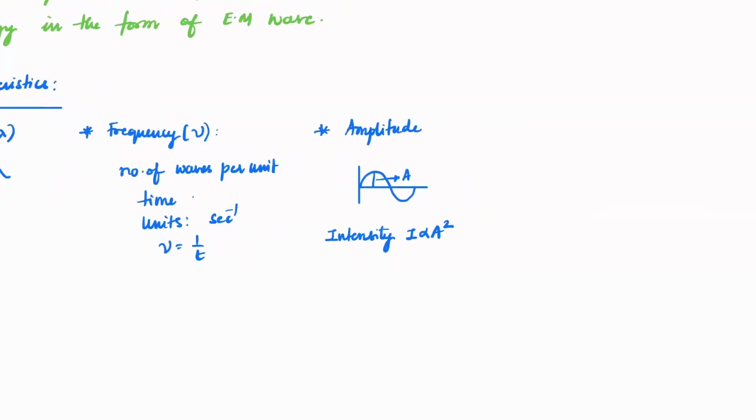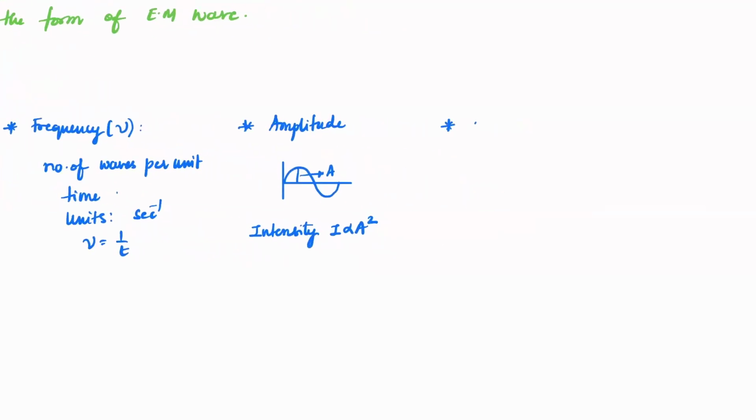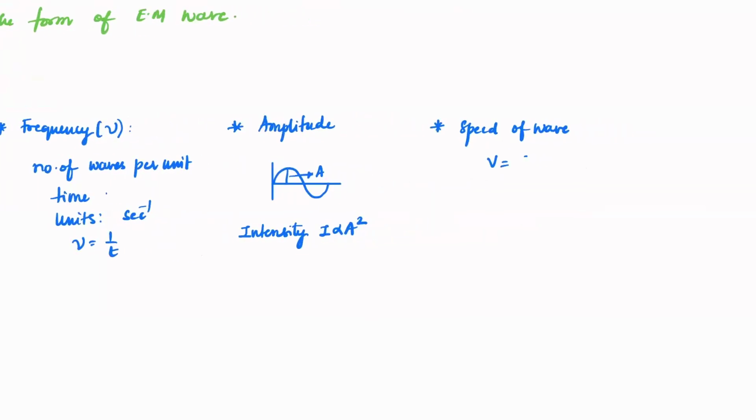That's all. Next, how do we define the speed of a wave? Speed can be represented as some velocity v, that is equal to the amount of wavelength it travels per unit time. So lambda into 1 by t, which can be written as lambda into nu.